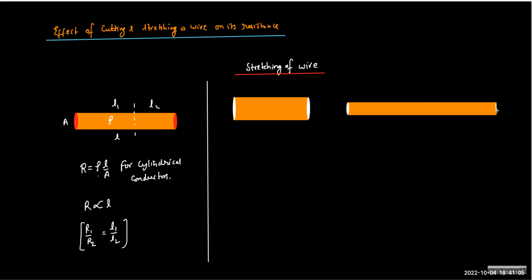So in an ideal situation, the length will increase and the cross-sectional area will decrease, but we believe that the internal geometry of the metal is not changing, and hence the volume will remain the same. Sometimes volume also gets affected, which you might be aware of from the elasticity chapter.